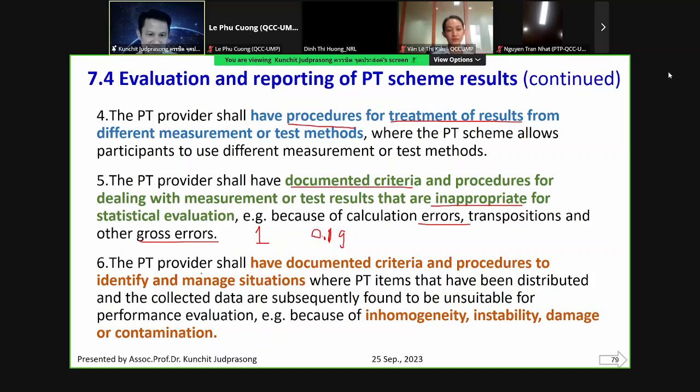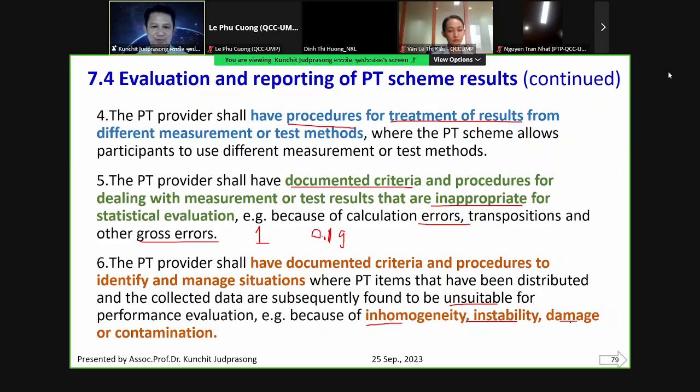The PT provider shall have documented criteria and procedures to identify and manage situations where the items that have been distributed and the collected data are subsequently found to be unsuitable for performance evaluation because of, for example, inhomogeneity, instability, or damage.